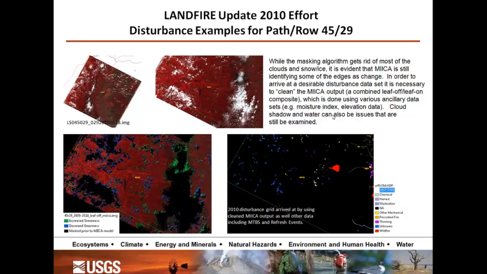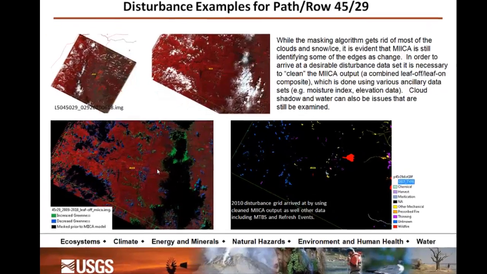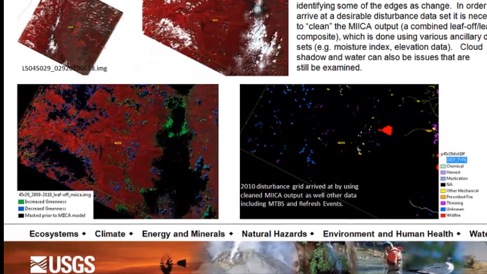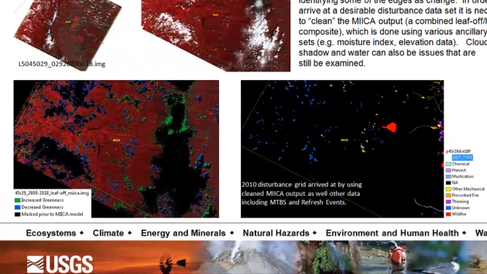So as an example of results, and these are very early results, we'll see an image down here in the lower left corner that has been masked, and you can see some of the mask artifacts showing up bright green that are probably not change. They're probably mask artifacts, but we don't know. We have to go in and check.